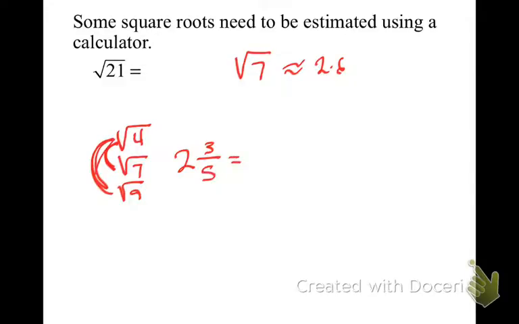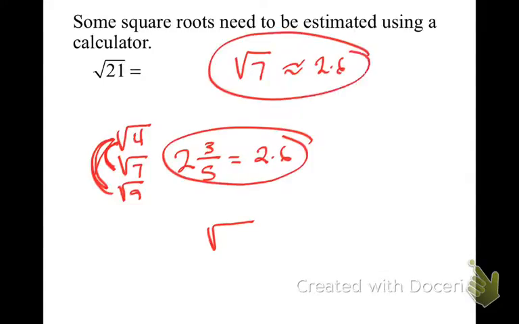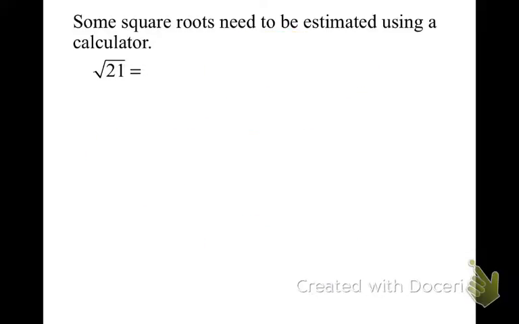What does that simplify to? 2.3 to 2.6. It creates 2.6. It's the same thing. And when I put the square root of 7 in the calculator, so here's Sophia's, here's ours. In the calculator, they give me 2.645. So we're pretty darn close. Okay? All right, let's try a couple of others.